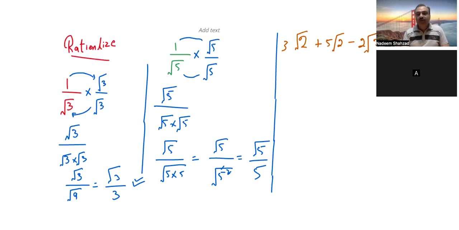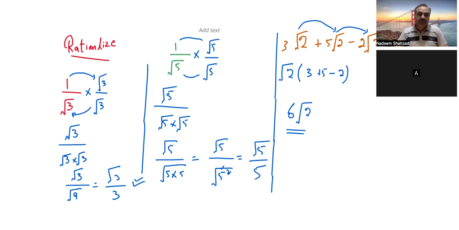By taking common. Which term can we take common from this expression? You can see here in every term we have square root 2. So we will take square root 2 as common. We will get 3 plus 5 minus 2. 5 plus 3 is 8, 8 minus 2 is 6. So we will get 6 square root 2 as your final answer.